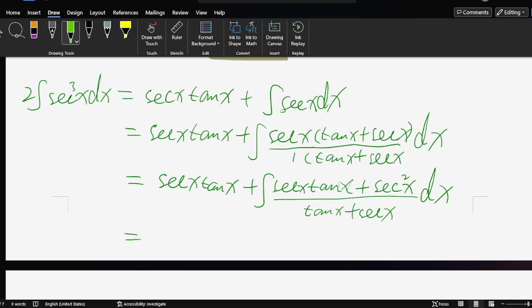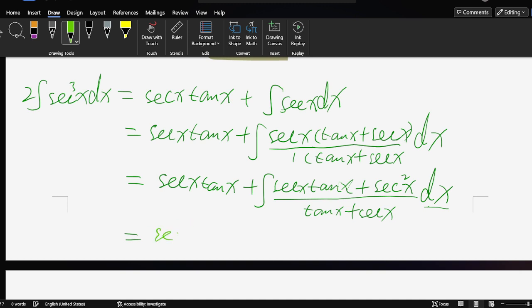Then we put this back behind d. So you mean secant x's integral is tangent x. So secant x times tangent x is the derivative of secant x.